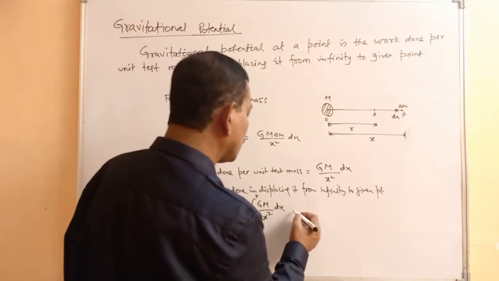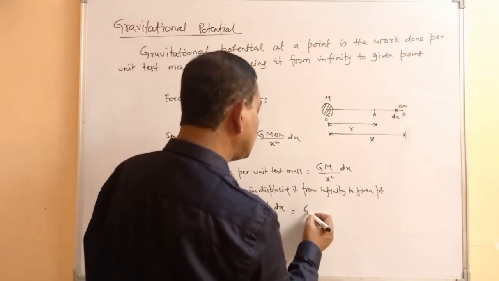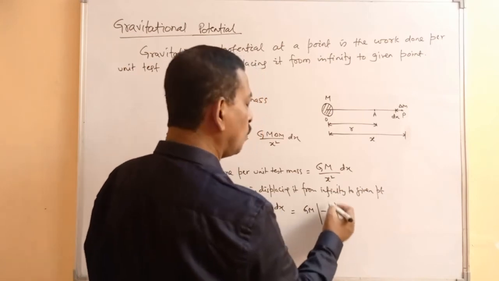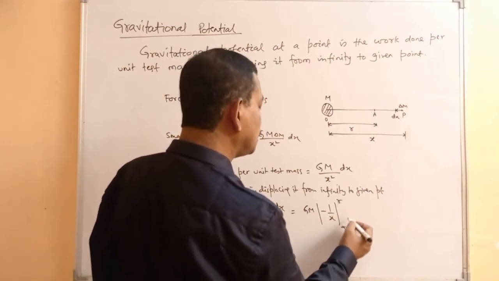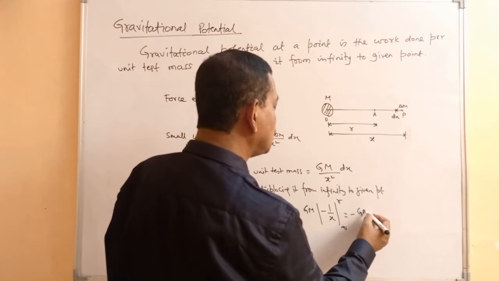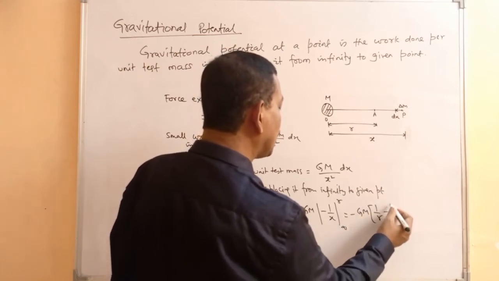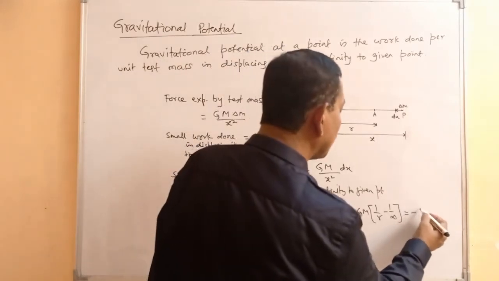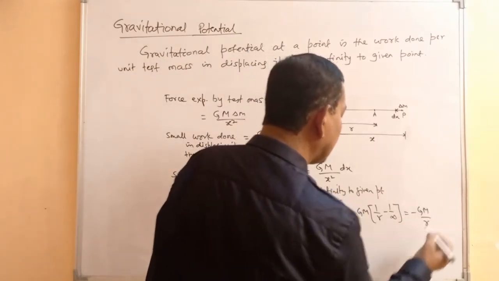So this will be equal to GM, and this is your minus 1 by x from r to infinity. This is minus GM times (1 by r minus 1 by infinity), and this equals minus GM by r.